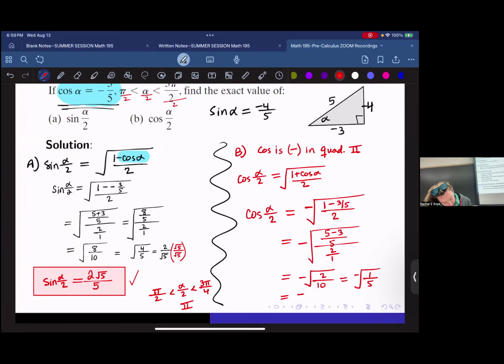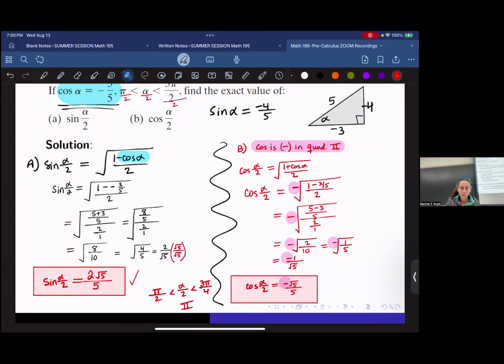So we have negative 1 over square root of 5. Rationalize the denominator, and we end up with negative square root of 5 over 5. Let me shrink this and make it a little neater for you guys. Much better. And we are done.